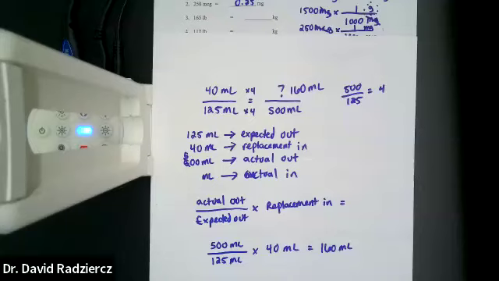If it gets smaller, then you need to adjust for that as well. Let's say it went from 125 to 75 milliliters as your actual output, then you might need to divide. But I think for the most part it's usually a bigger number, so you won't have to worry about that too much. But just in case you see it.